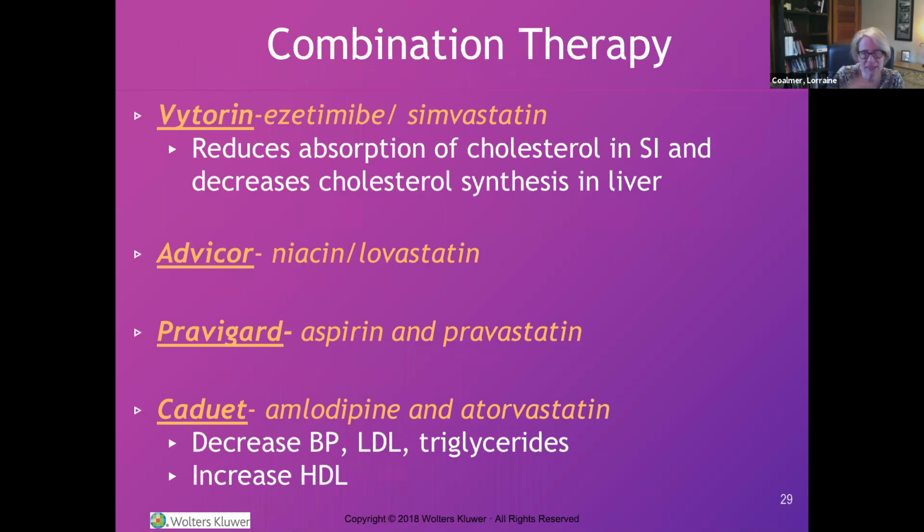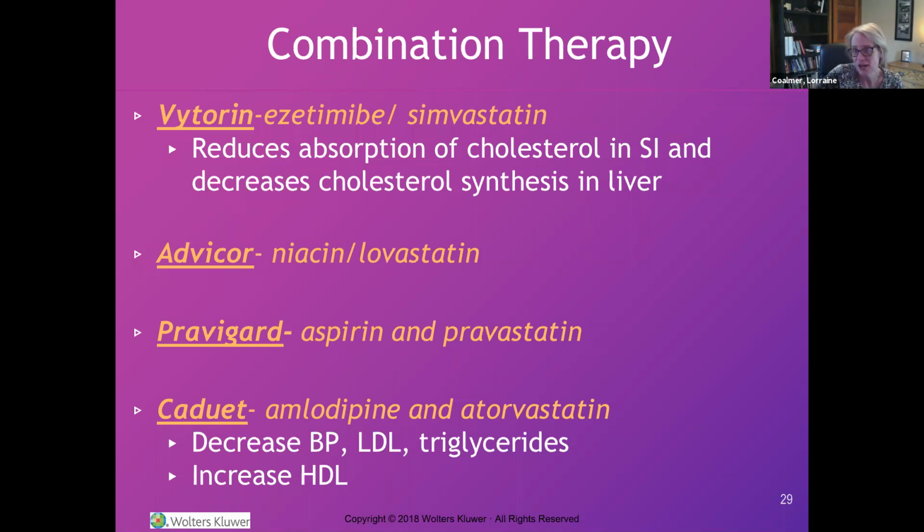Combinations, you might have a statin combined with something else. You can see all of them are a statin, and then amlodipine right here. This is Norvasc. So that's going to affect the blood pressure. So if I have high cholesterol and high blood pressure, this would be a good choice. I could take one pill to help with my LDL, my triglycerides, and I can help bring down my blood pressure as well.